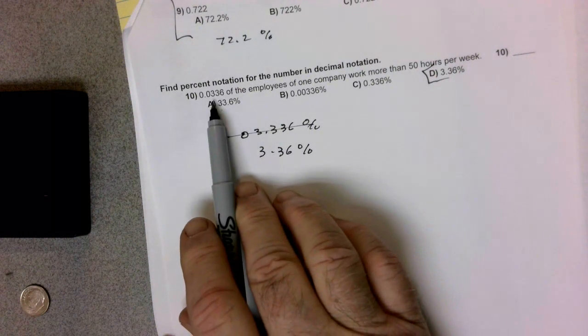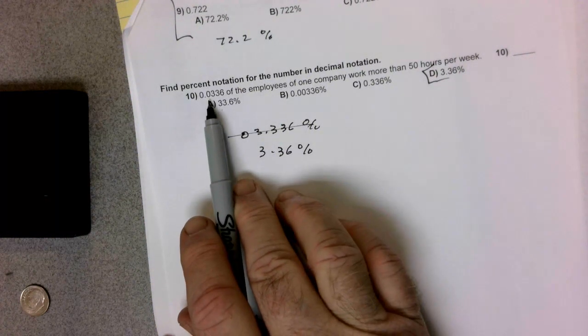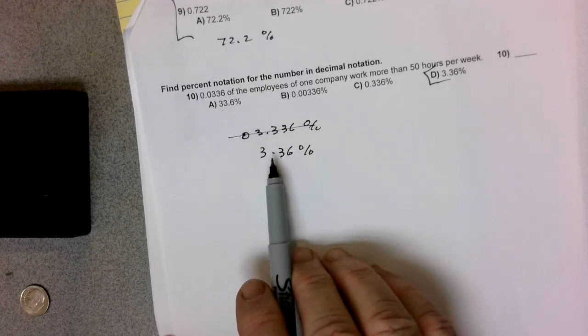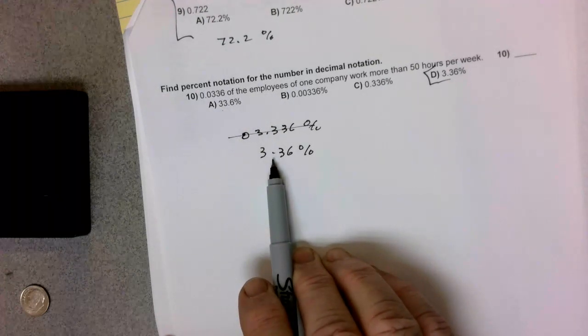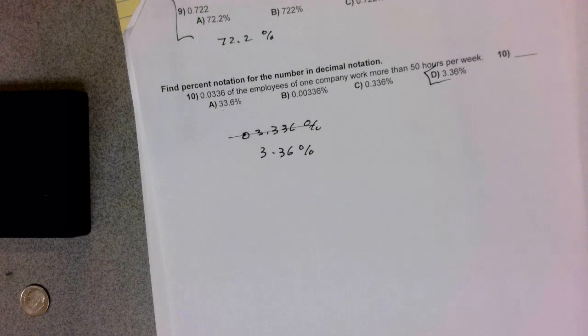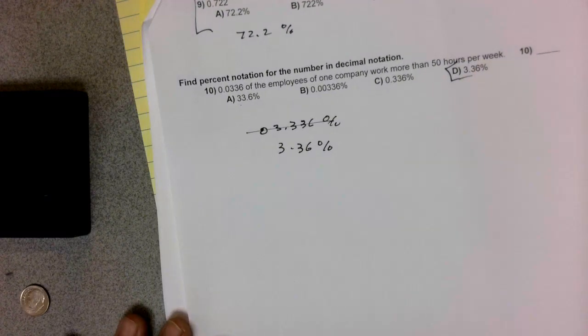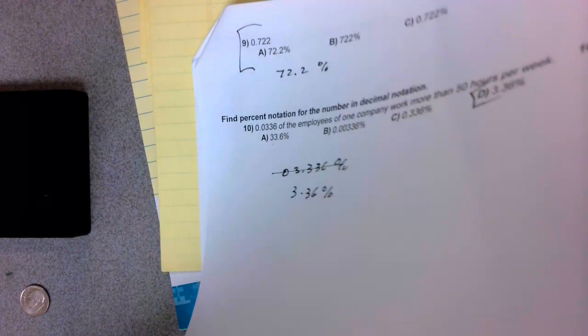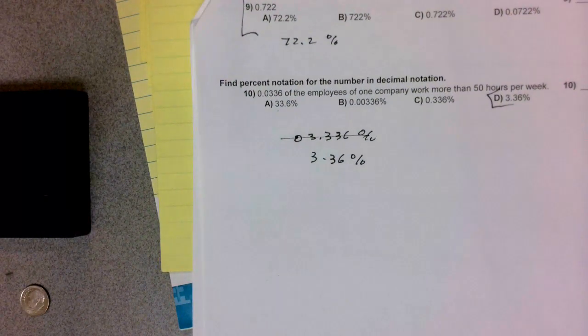Last one, add a percent sign, move the decimal 2 places to the right. So when I move it 2 places to the right, it's going to land here. And so this one is this answer here, 3.36%. So those were the problems that we had from the warm up activity this morning.